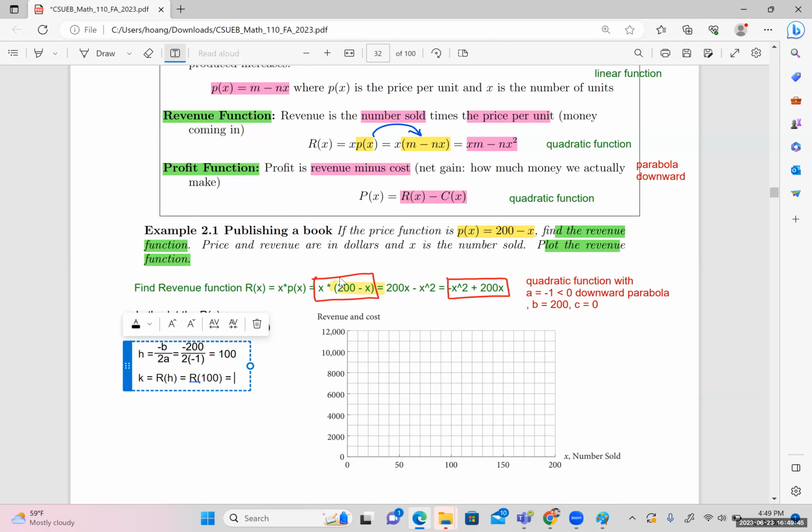I'm going to use this form: 100 times 200 minus 100, and now I have k equal to 100 times 100, which equals 10,000. So I would like to highlight those. I'm going to highlight the h and highlight the k.